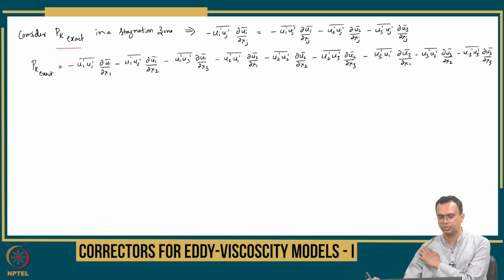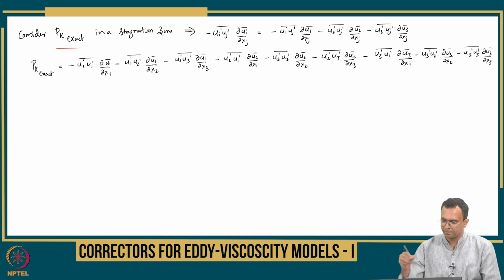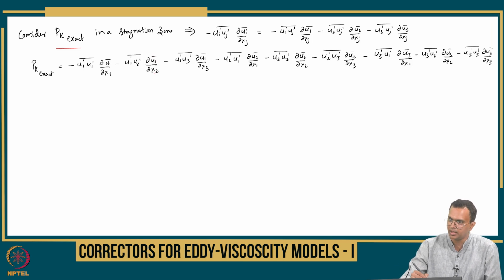Okay. So I have sum of 9 terms here, and we discussed that the normal stresses are statistically isotropic and we have large irrotational strain compared to rotational strain. So what are the rotational strains here? This one, dou u1 bar by dou x2, right, dou u1 bar by dou x3, dou u2 bar by dou x1, and then dou u2 bar by dou x3.